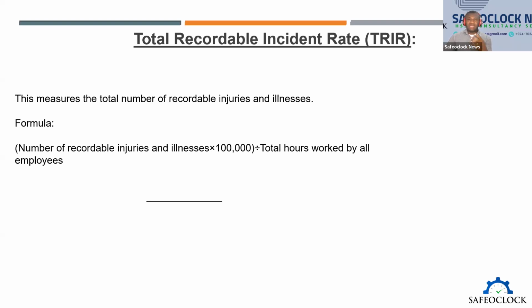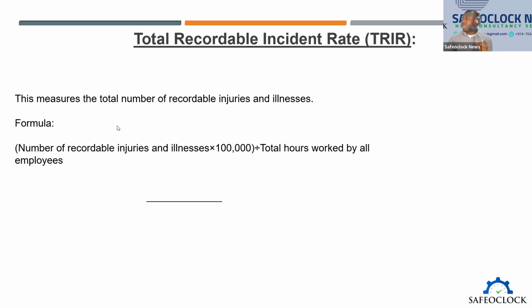That simply means there are some ill health cases that we might consider not recordable. But according to OSHA, some illnesses and incidents are classified as recordable incidents. So that is what we are calculating here.